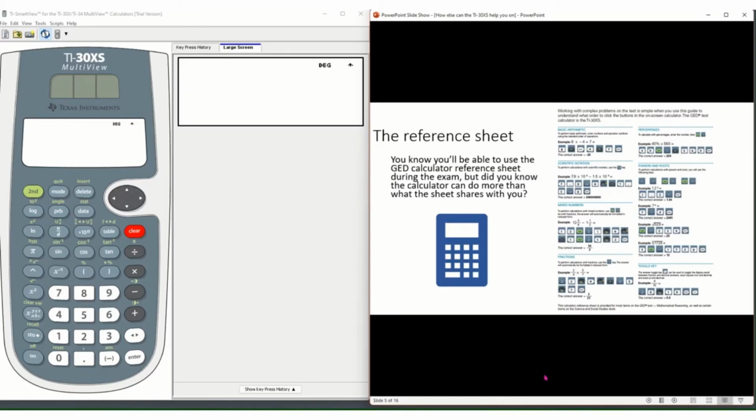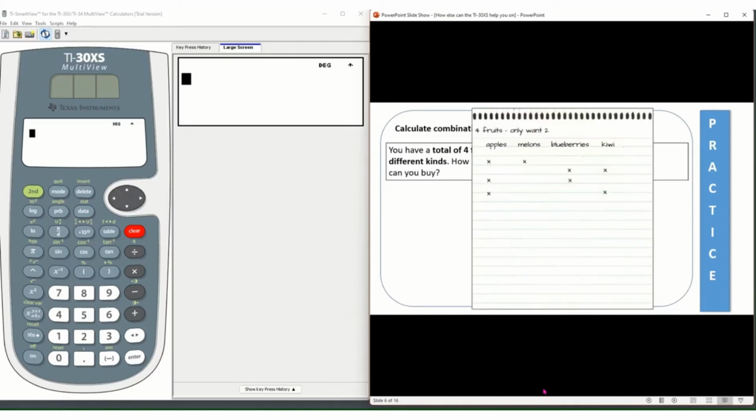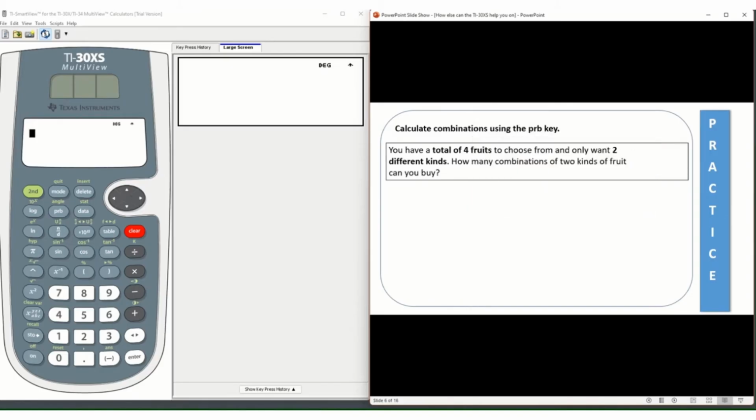When it comes to combinations, you probably learned how to figure out the answer with maybe a table. They told you, hey, list out your options, and then you'll be able to figure out your answer from there. However, why are we going to do this by hand and take up more time when the calculator can do it for us? So this is really important for you to make sure you understand that it's only with one type of item.